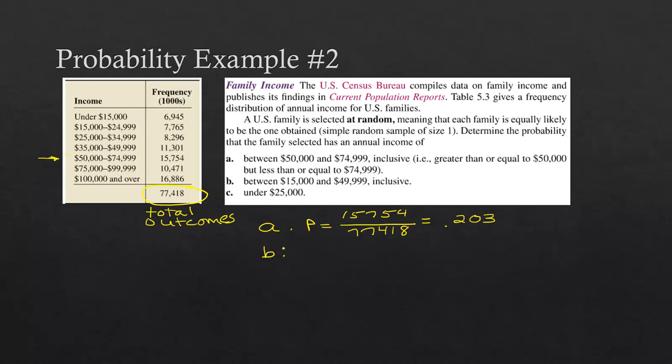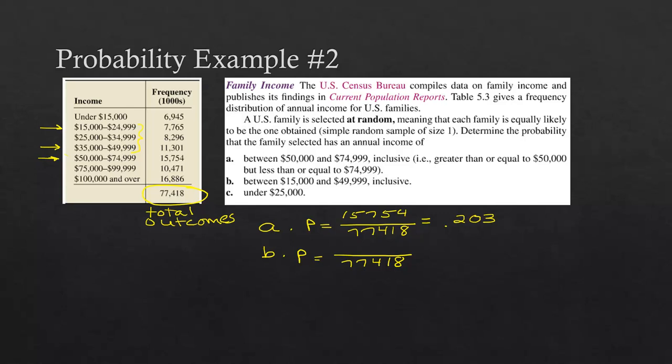Let's look at letter B. Between 15 and 49,999 inclusive. So here's 49,999 and 15 starts right here. So we're wanting all the numbers in here, okay? Now our total outcome stays the same because we still have all these outcomes here.